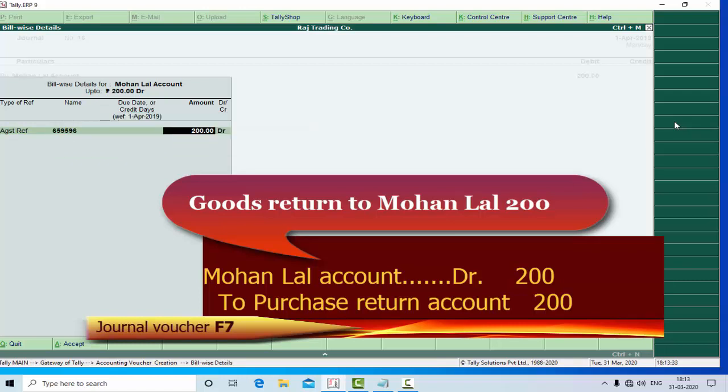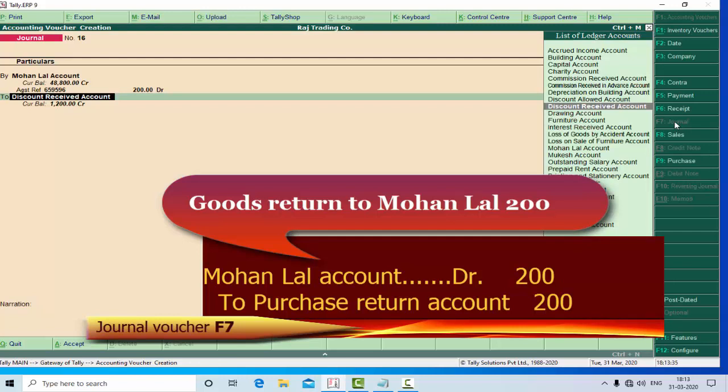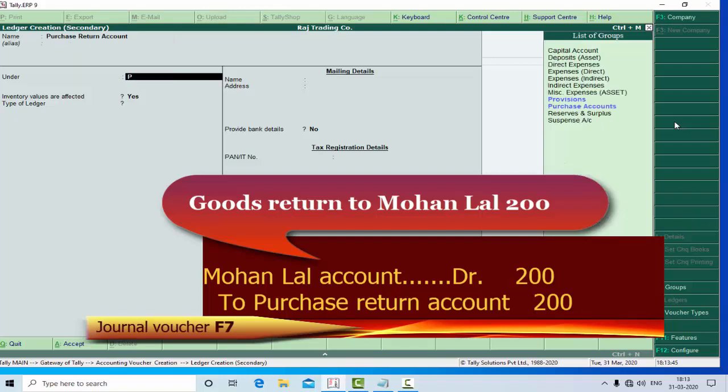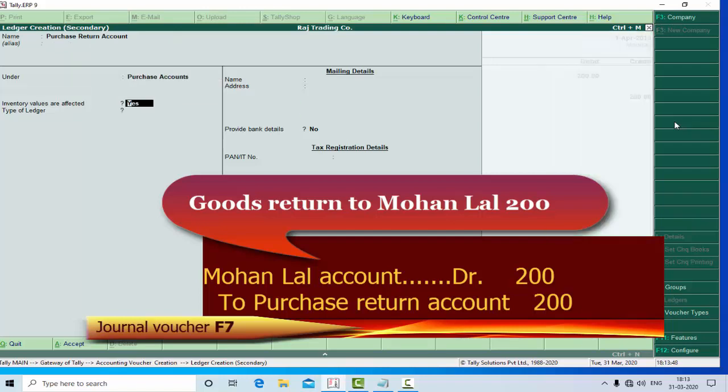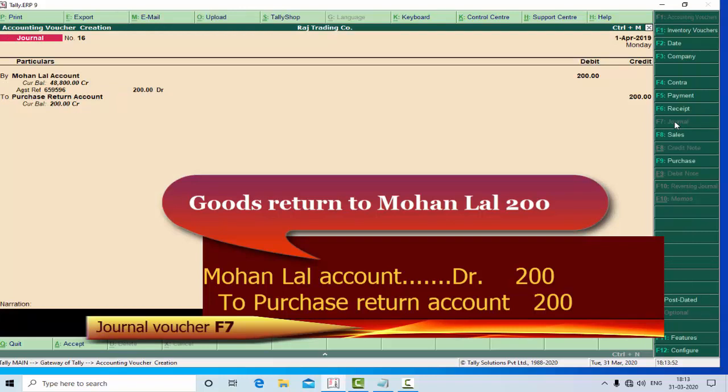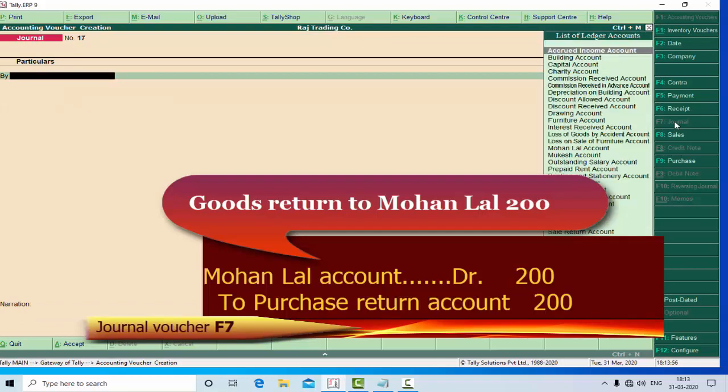I think you understand, and credit the purchase return. So we will create the purchase return account under purchase. I think you understand how this account will be created, and you will see that the entry can be saved in this voucher.